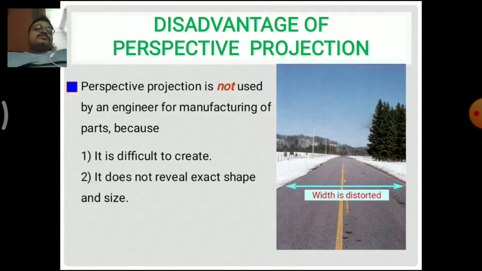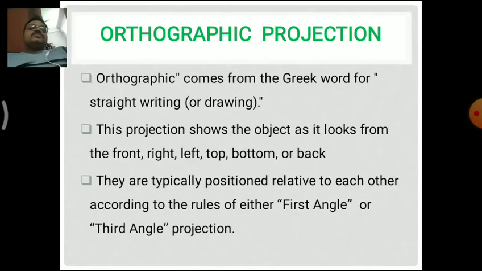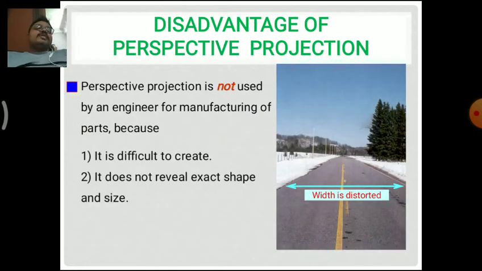Here we are using an example of a road, and the width is distorted at multiple positions, and it is a good example for the perspective projection. The road appears to decrease or increase its width depending on its distance.